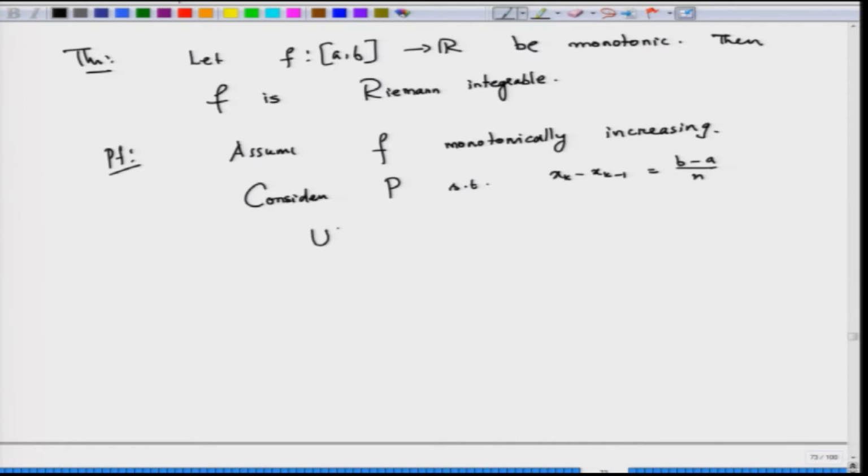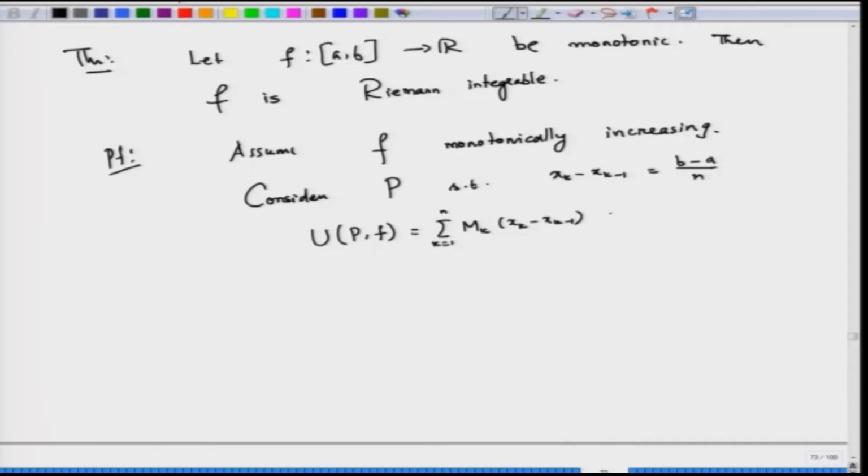Then you know U_P f, this is going to be what? This is the summation over k from 1 to n of M_k times (x_k minus x_{k-1}). What is M_k? M_k is the maximum value between x_{k-1} and x_k. So, this is nothing but the summation over k from 1 to n of f of x_k times (x_k minus x_{k-1}), because this is an increasing function.